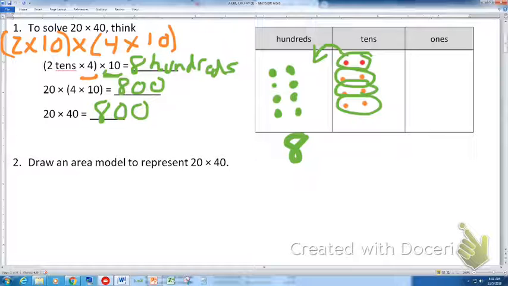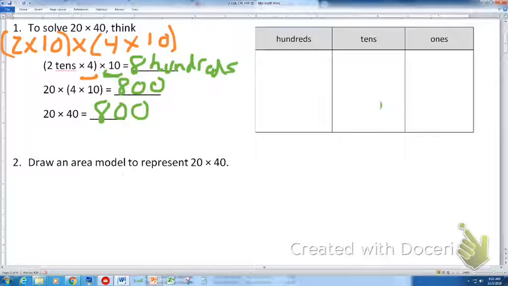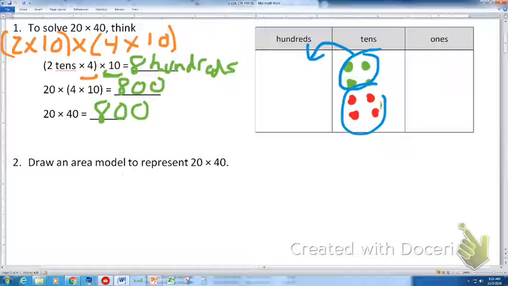So instead of our groups being like this, we could have done 4 tens, 1, 2, 3, 4, and then we need 2 groups of them, first group, second group. We would need both groups to move over to my hundreds, and we would still end up with 8 discs in my hundreds place to give me 800.